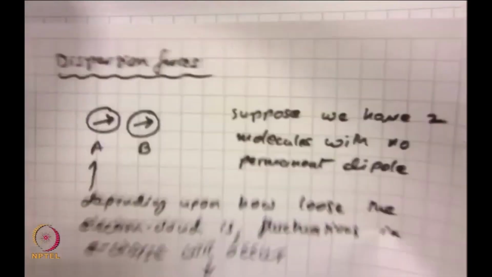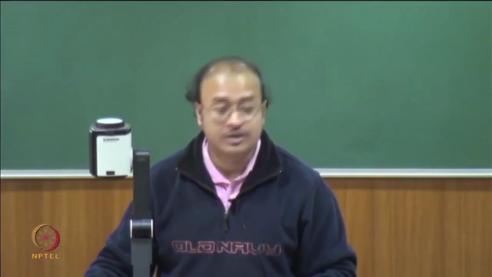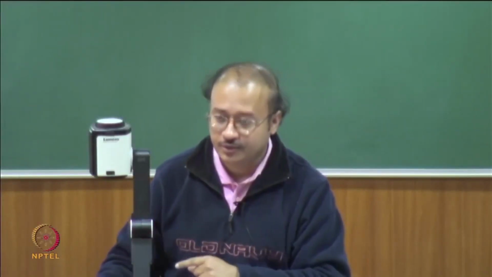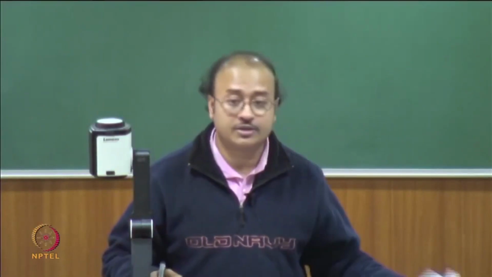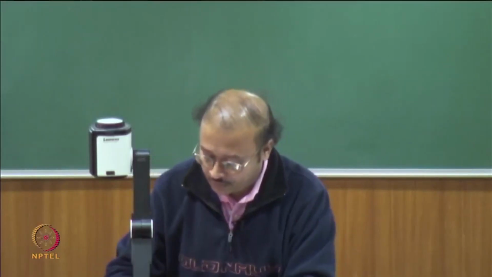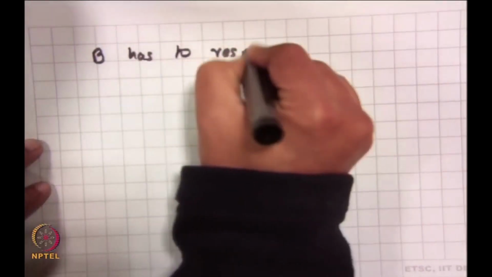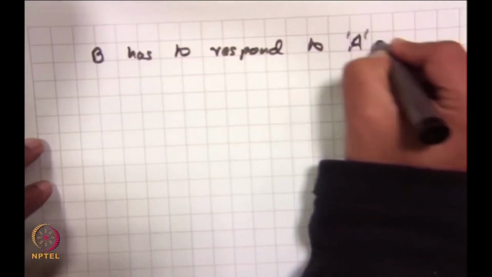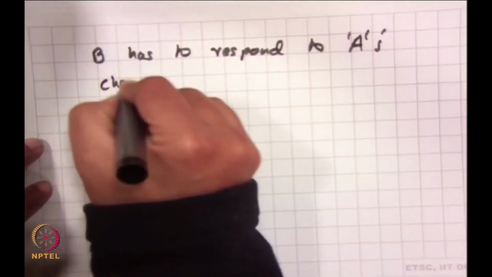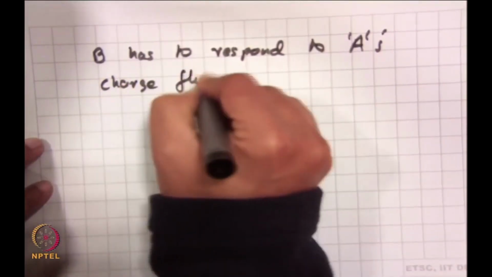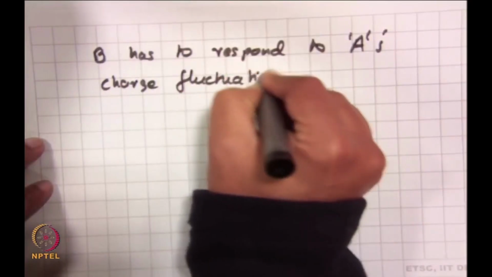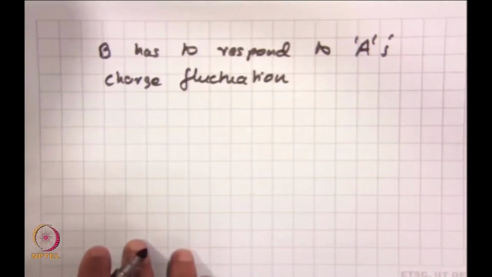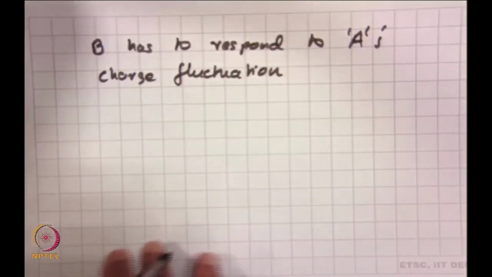That is for only one molecule, A. Now, to have the dispersion force, the other molecule will also have to respond to this. So, to keep this dispersion force alive, B has to respond to molecule A's charge fluctuation. But how can it respond?